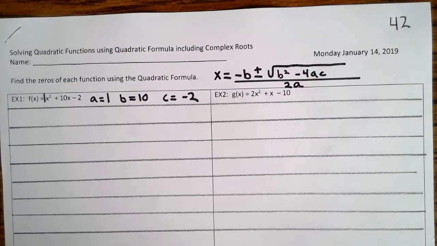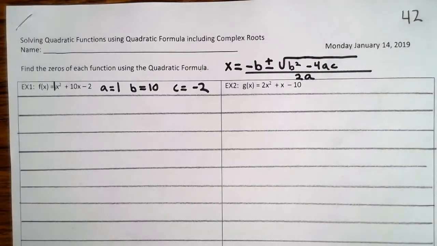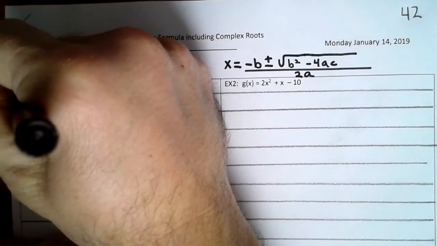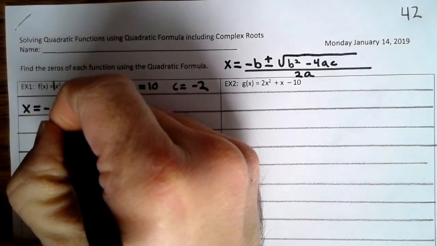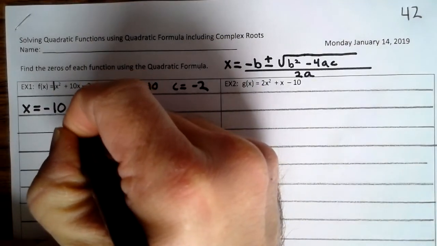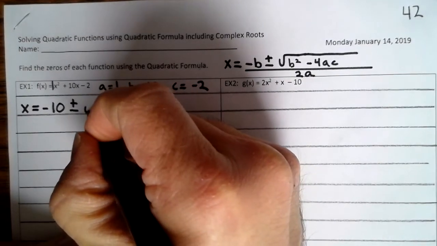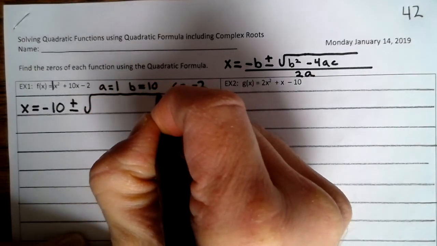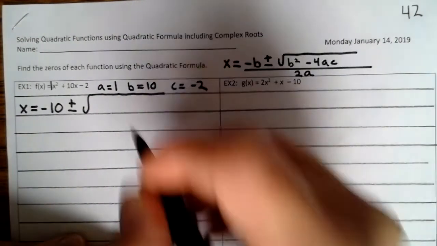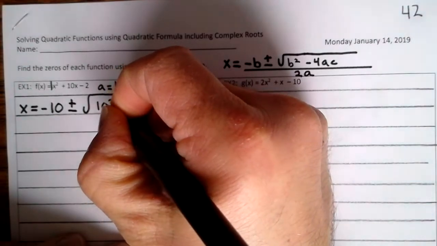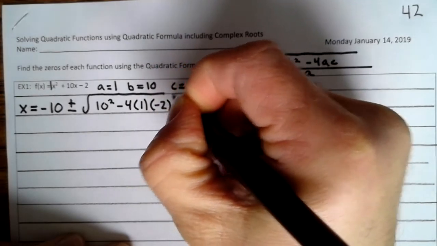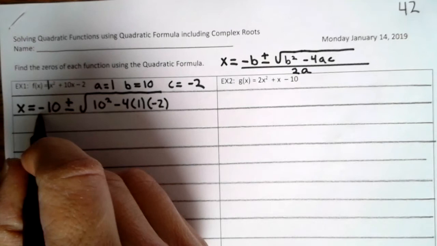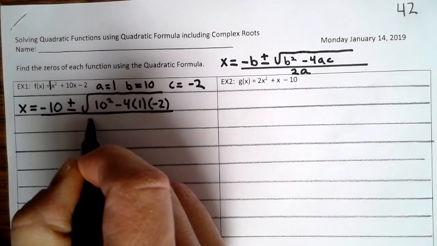All right, so with that, we have x equals -b, so that's -10, plus or minus the square root of 10 squared minus 4 times a, which is 1, times c, which is -2, all divided by 2 times 1.